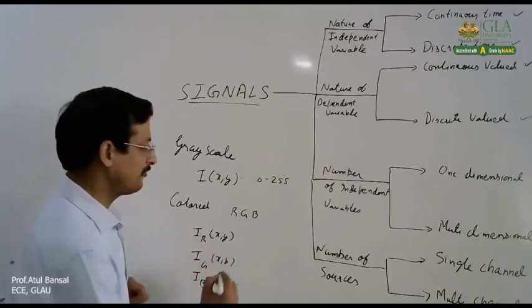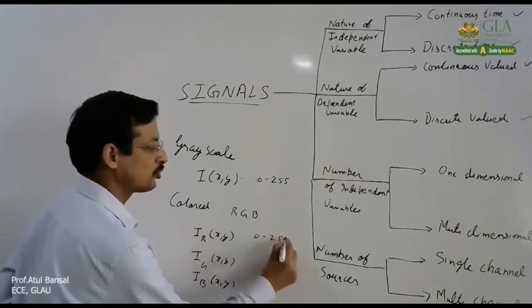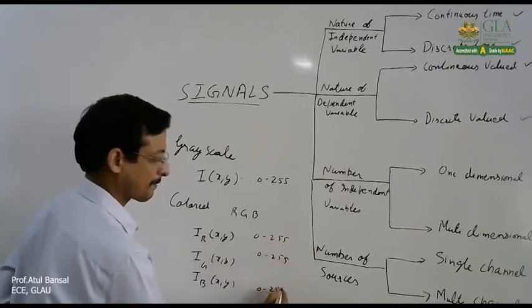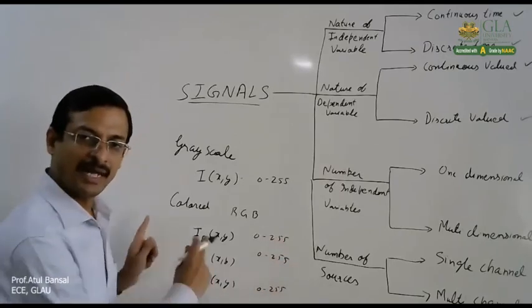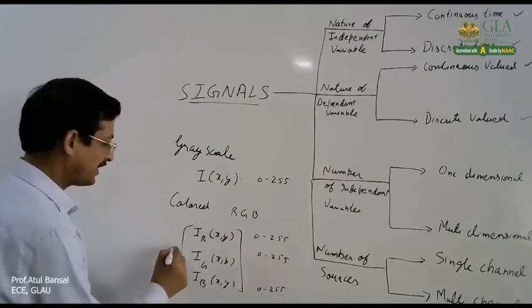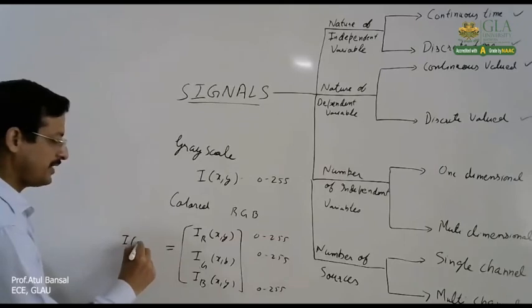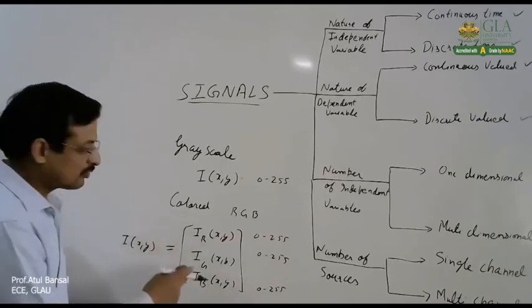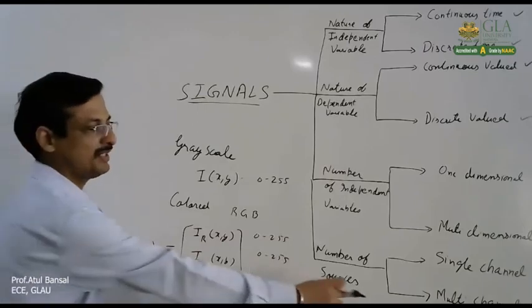Each of these channels gives a range of values between 0 and 255. When we combine these three signals coming from three different channels, it gives us one single image, I(x,y), which is color. So this is coming from three channels, so this is multi-channel.